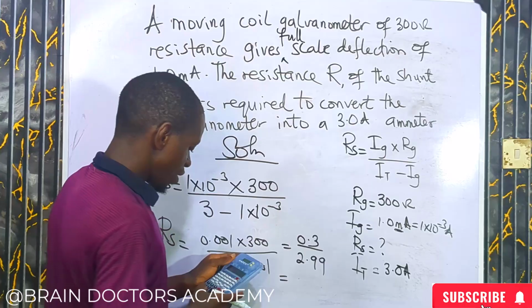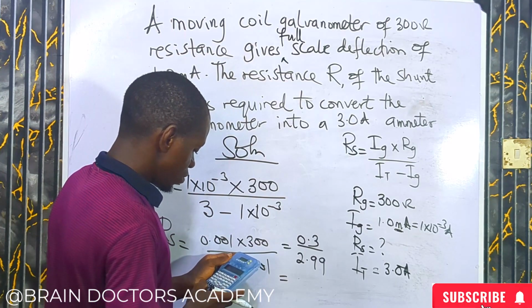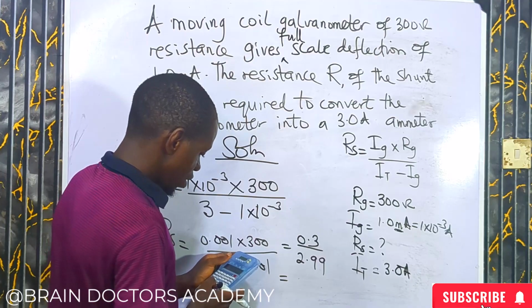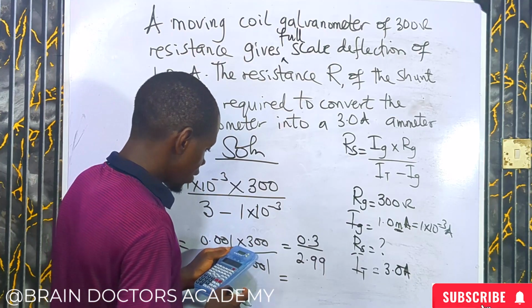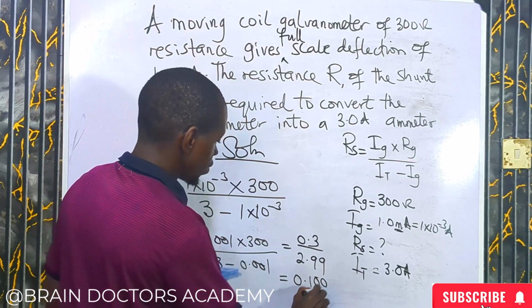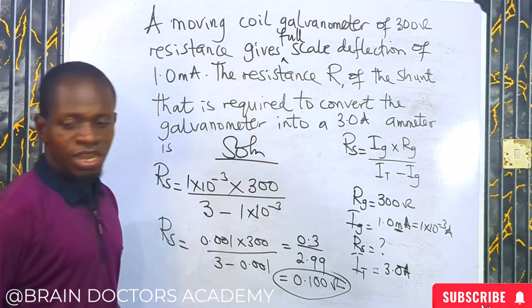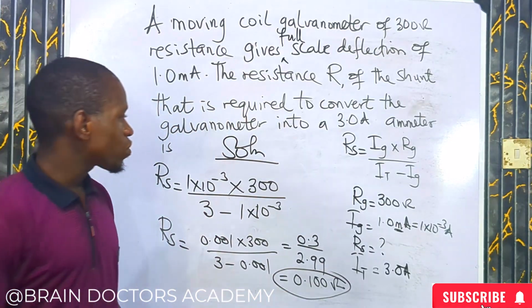So if I divide 0.3 by 2.99, the answer is going to be 0.100 ohms. So this is your final answer. So that is it.